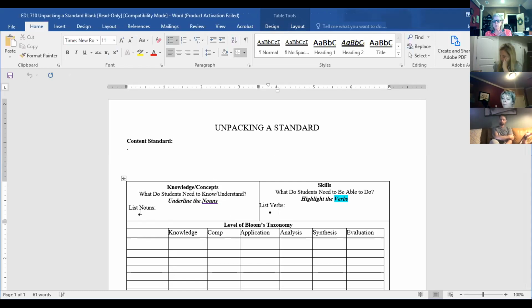If you're not familiar with Bloom's taxonomy, I think most of you probably are, but if you're not, just do a Google search on Bloom's taxonomy, and it'll tell you exactly what kind of words and questions are used for knowledge questions all the way through evaluation questions.